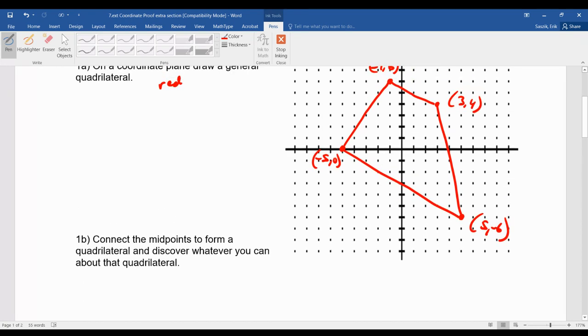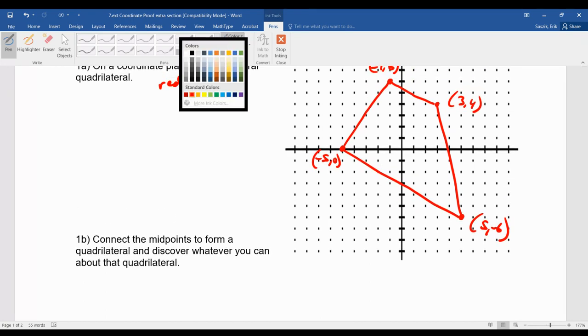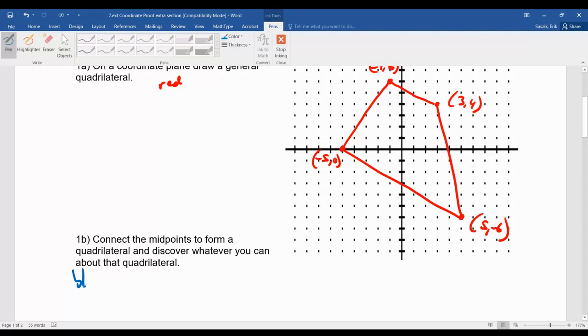So what we'll do is we'll do this in blue. So the midpoints, sorry, might be a little bit sloppy, but if you did midpoint formula, it would confirm it. This would be 1, 5. This would be -3, 3.